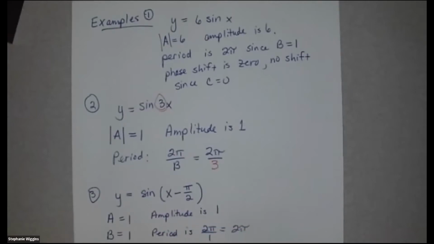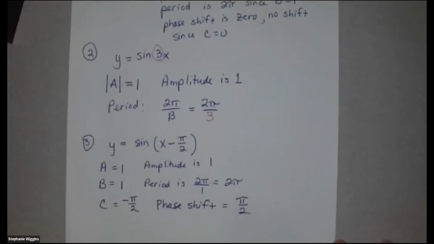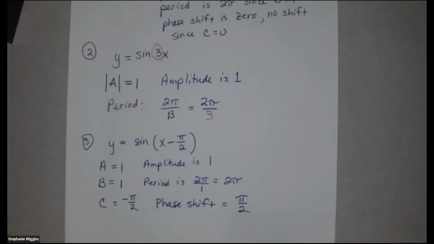And now C is negative pi over 2, okay? So our phase shift is pi over 2. So the phase shift is the opposite of your C value, right?